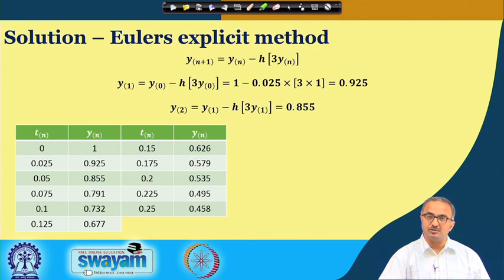And you can easily check that by varying the value of h, or the step size, these prediction values will keep changing. And you can also find out the optimum value of h which will be able to give us the best result.